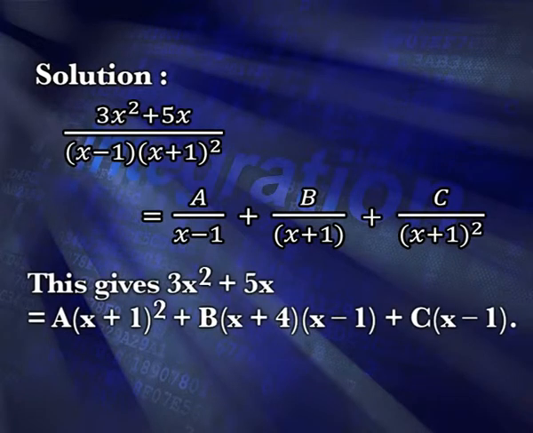This gives 3x² + 5x = A(x + 1)² + B(x + 1)(x − 1) + C(x − 1).